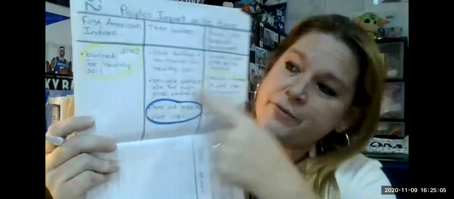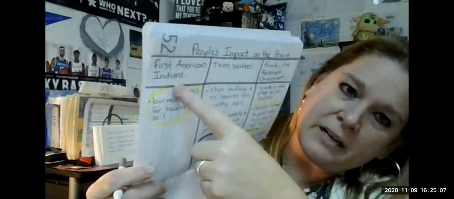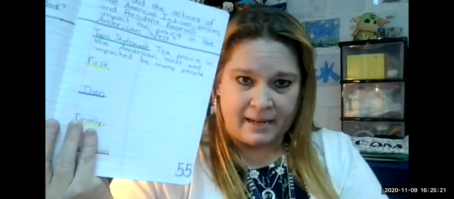So now I'm going to go back to my chart. And the first thing is that the American Indians burned the grass for healthy soil. So I'm going to go to my section where it says first, and I'm going to talk about that. I'm going to talk about how the American Indians had a positive impact on the prairie because they burned the grasses, and that helped keep the soil healthy.